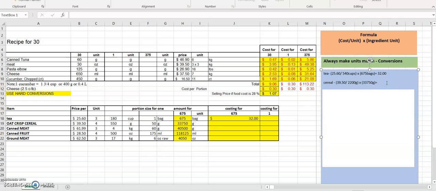And then when we calculate that, that's going to give us 605.97. And then we can put that into here, equals, so we have our price divided by our 2,200 grams, multiplied by our unit. So as you can see, it's 605.97.